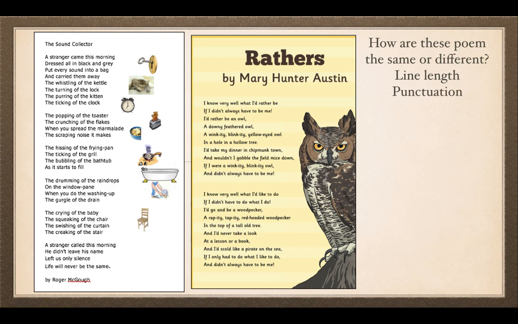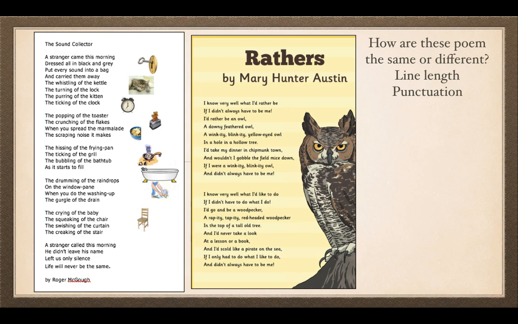Are the poems different or same in terms of punctuation? There's something that you'd notice very clearly about the sound collector. You may have picked up on it yesterday in regards to punctuation. And if you compare the punctuation in the sound collector to Rathers, you will notice something quite significant.